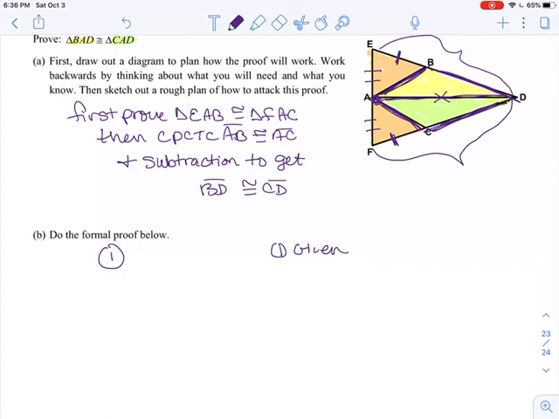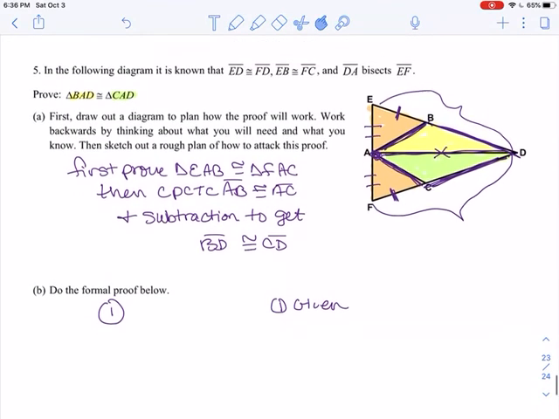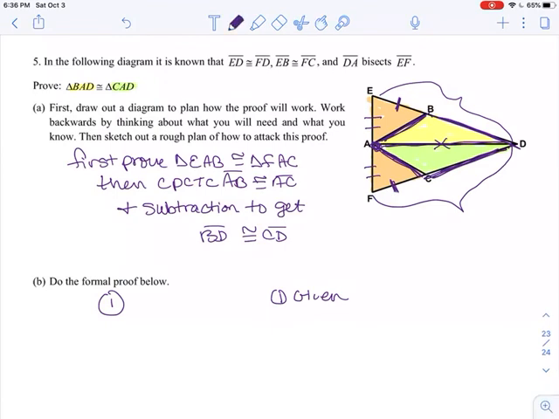My given is step 1, and my given is everything that they told me. Let me scroll back to my given. So I know that ED is congruent to FD. That's a side, perfect. I know that EB is congruent to FC. And I know DA bisects EF.